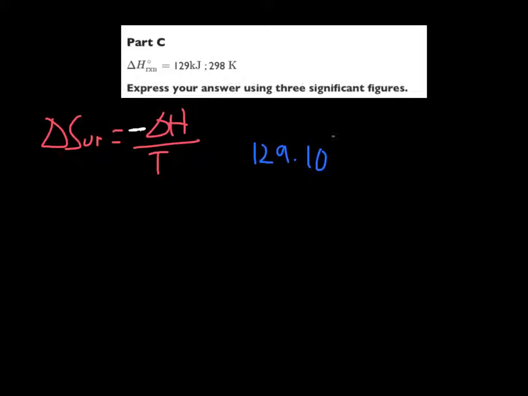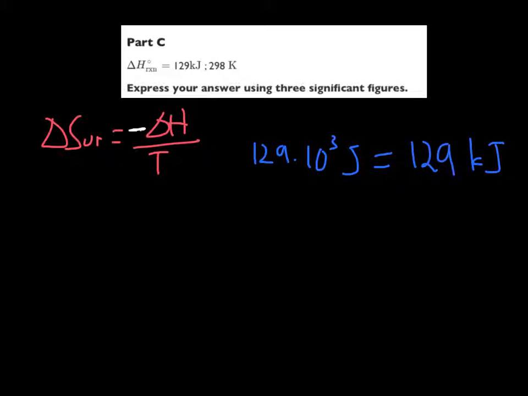One last one here, so we could probably do this one quick now since we did this. We've been getting better at this. Delta S equals negative delta H divided by T. Again, that's a negative. Anywho, let's do this math. We have to convert 129 times 10 to the 3 joules equals 129 kilojoules.